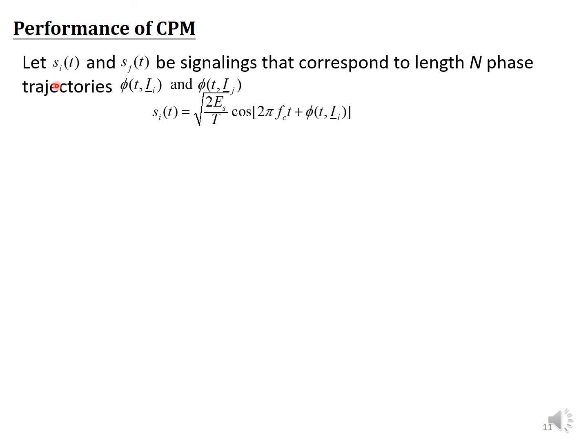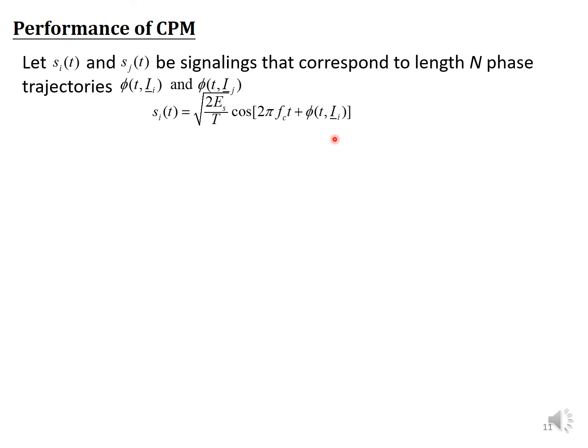So that s_i(t) and s_j(t), let's use the symbol notation in the textbook. You can also refer to the Proakis textbook for further reading of the overall material. So s_i(t) and s_j(t) represent the trajectory after n transmissions.